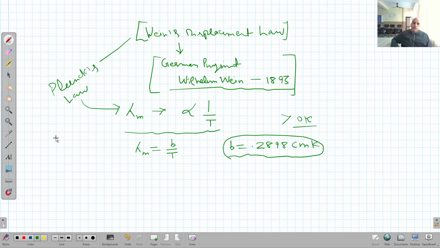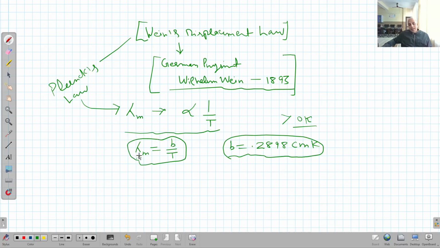As I told you, according to this law, every object that has temperature greater than 0 Kelvin should emit radiations of certain wavelength, and lambda m is inversely proportional to T, that is given by this relation, right?